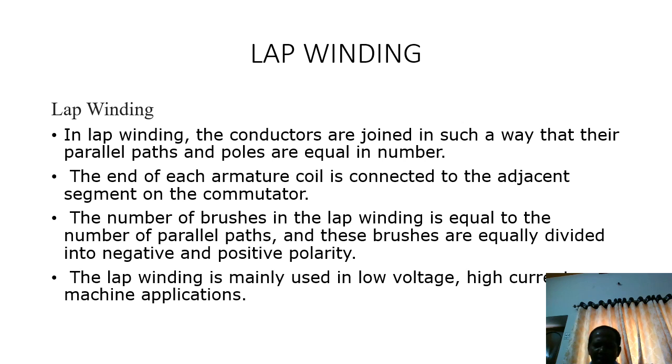The voltage applied is low, but the current passed in the circuit with this type of winding is high. This current produces high magnetic flux to induce EMF in the conductor.